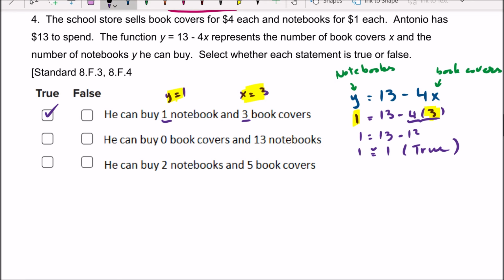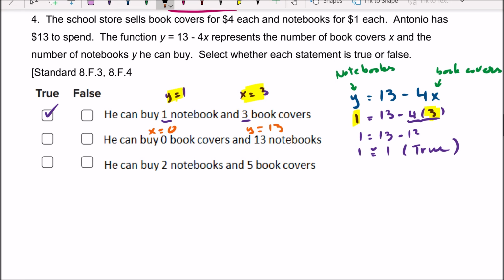Now we go to the second sentence: he can buy 0 book covers and 13 notebooks. They switched the order around, so make sure you are aware of this. Book cover, as we labeled, is x, so x is 0, and notebook is y, so y is 13.